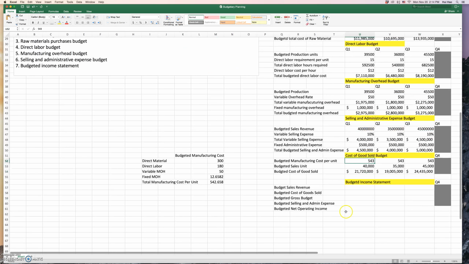Okay, so once we know our cost of goods sold, we can plug the number here. Budget cost of goods sold. Actually, I'm sorry, I need to put the period right here.